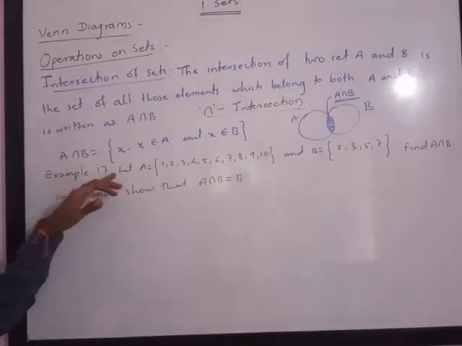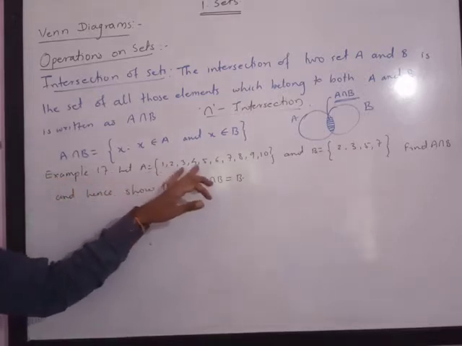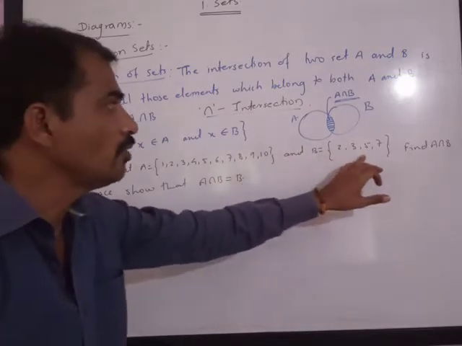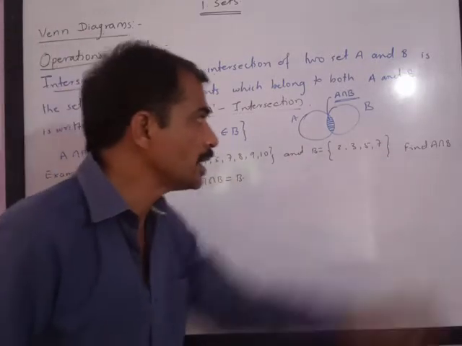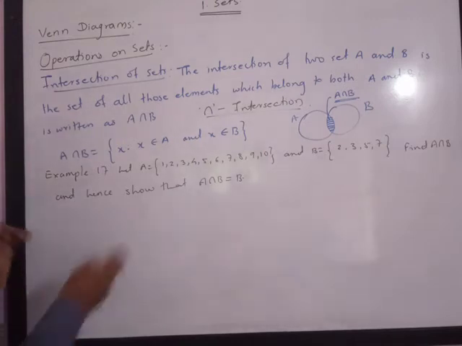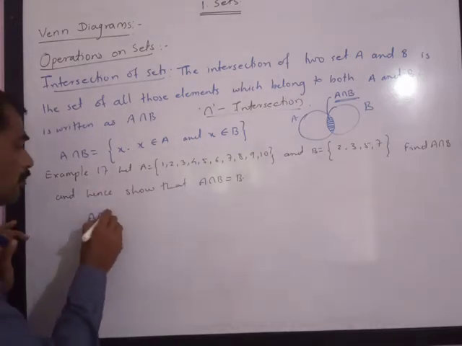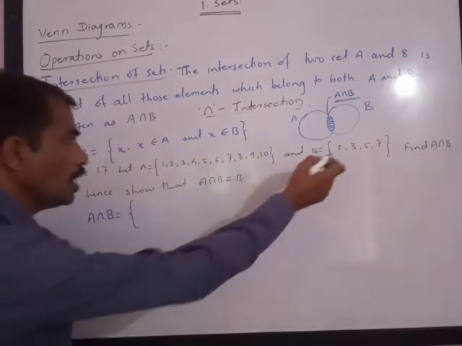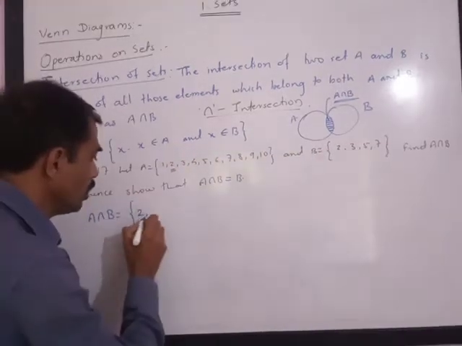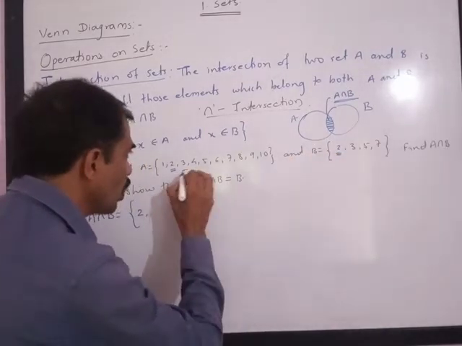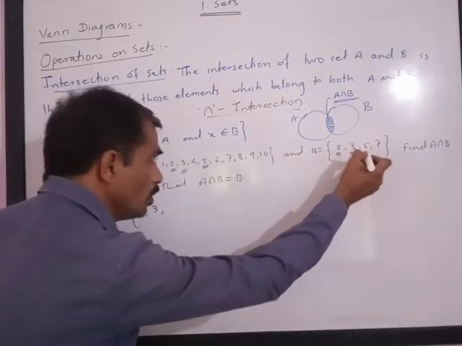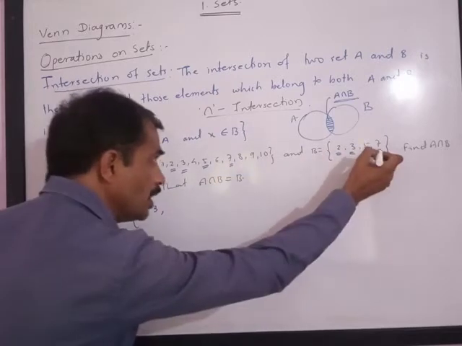In example 17, let A be the set of 1, 2, 3, 4, 5, 6, 7, 8, 9, 10 and B the set of 2, 3, 5, 7. Find A ∩ B. We have studied that it is the set of elements common to both sets. So 2 is common to both, 3, 5 and 7 are common to both.